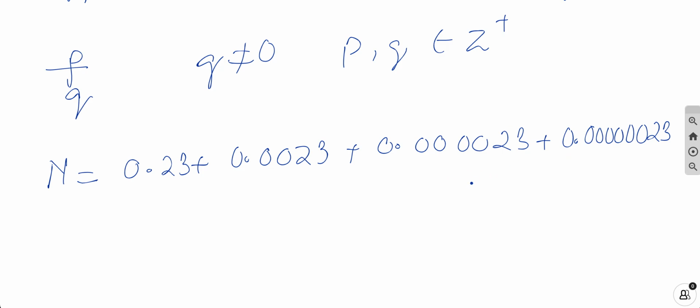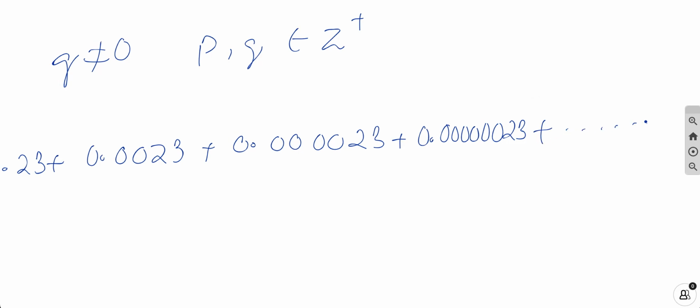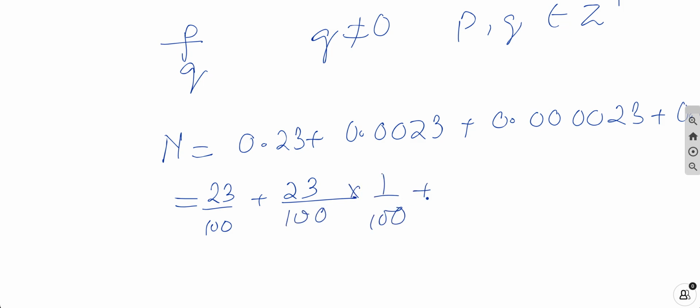Infinitely, because a recurring number keeps going on. Now I am rewriting this number as 23 divided by 100, plus 23 divided by 100 times 1 by 100, plus 23 divided by 100 times 1 by 100 square, and so on.